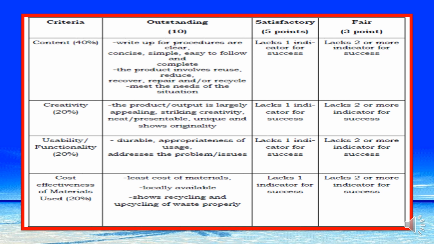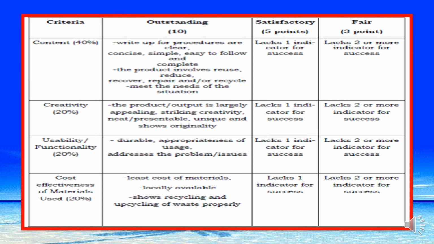For creativity, the product or output is largely appealing, striking creativity, neat, presentable, unique, and shows originality. For usability and functionality, it must be durable, appropriate in usage, and address the problem or issues. For cost effectiveness of materials used, least cost materials, locally available, and shows recycling and upcycling of waste properly.